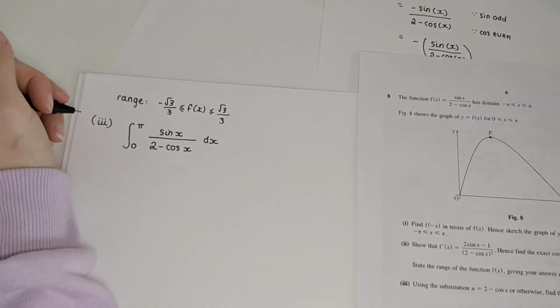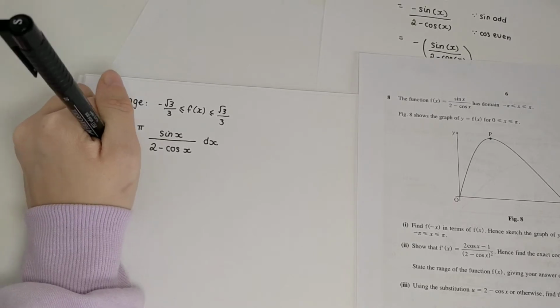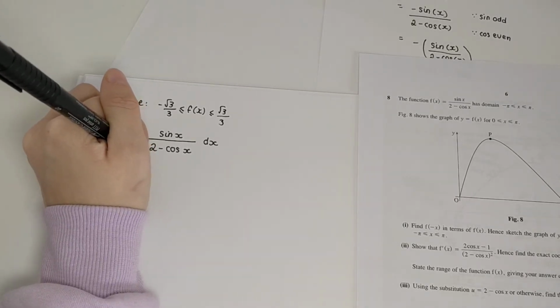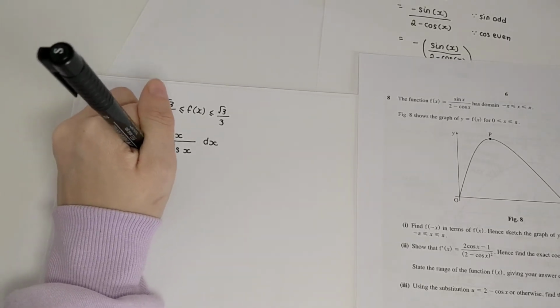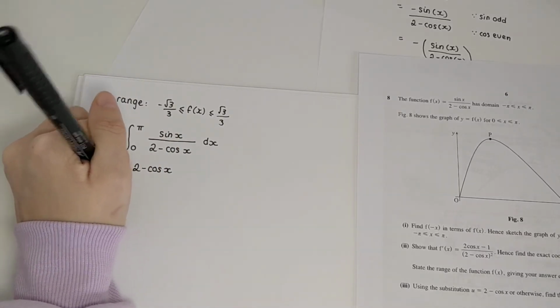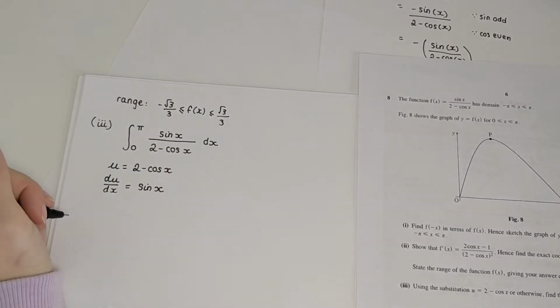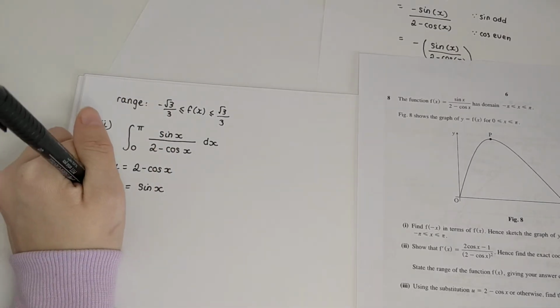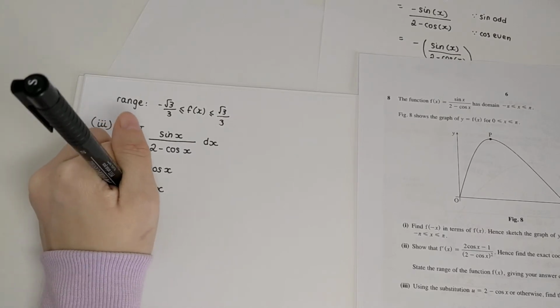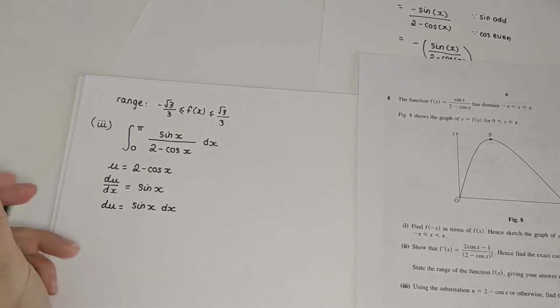Are we in focus? Yep. Okay, so u equals, what was it? 2 minus cos x. So du by dx equals sine x. So du equals sine x dx. Okay, that's good.